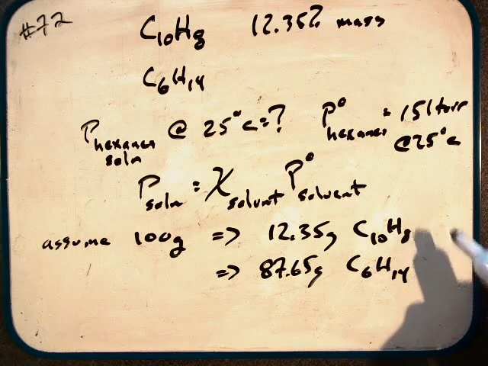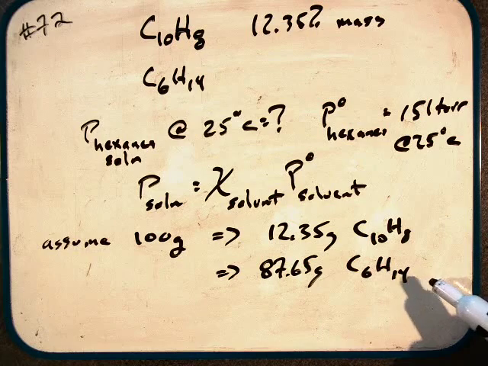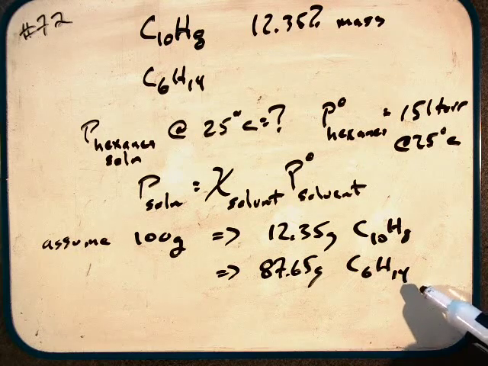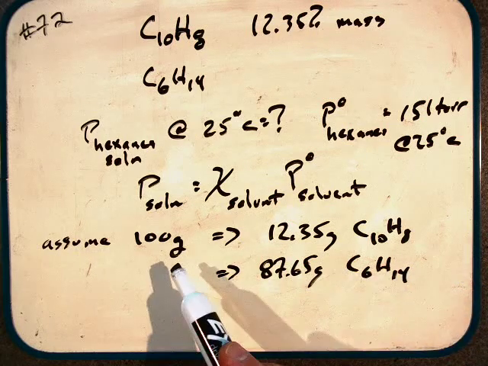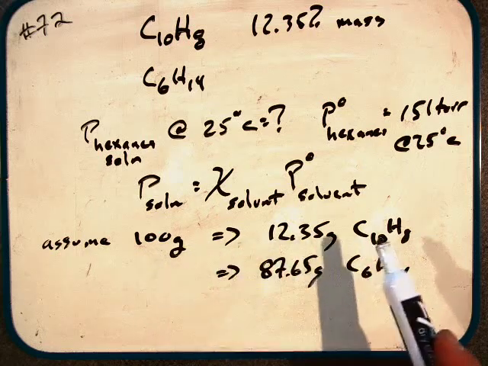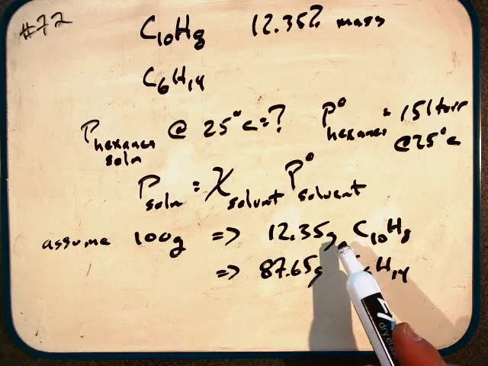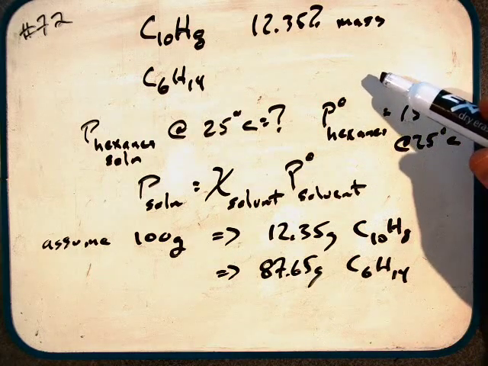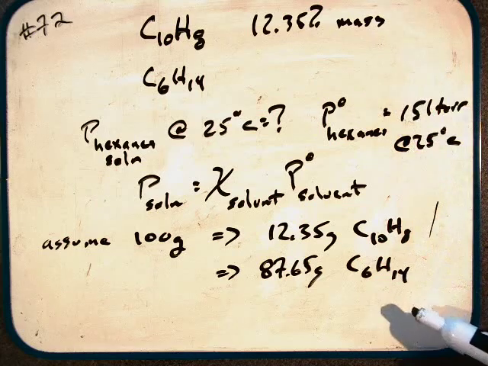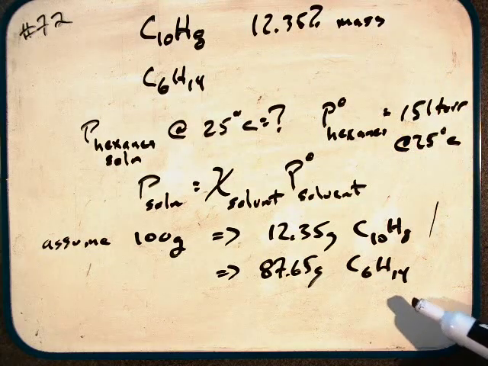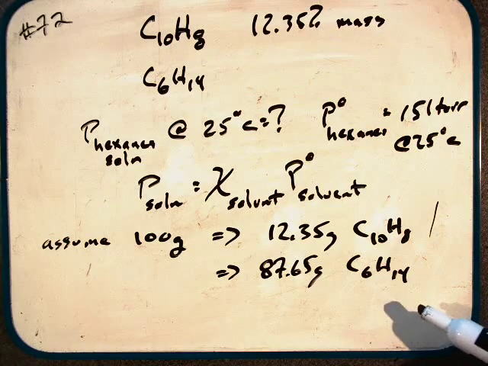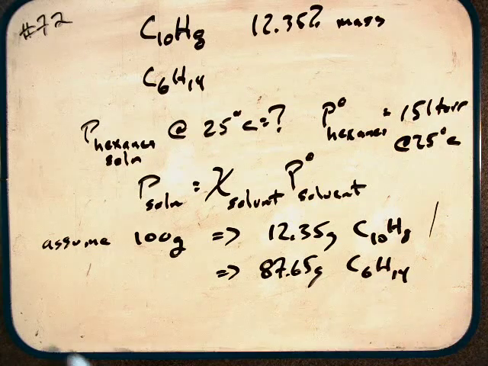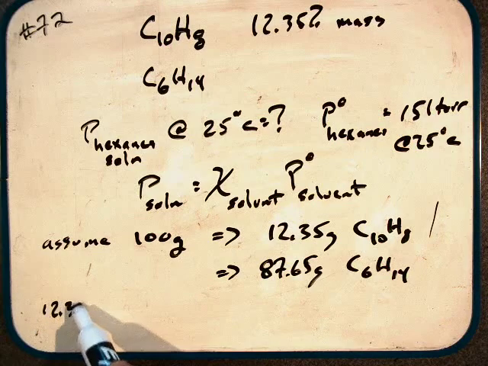There's only two things in solution, the naphthalene and the hexanes, and so both of them have to equal 100%, or 100 grams. So if we have 12.35% by mass naphthalene, that means the rest of the mix has to be the hexane solvent, and so that would be equal to 87.65 grams of hexanes.